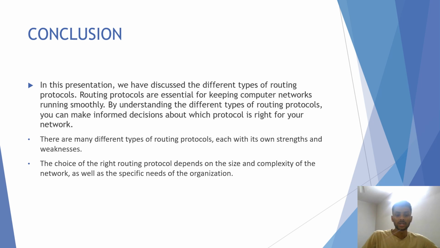The choice of the right routing protocol depends on the size and complexity of the network as well as the specific needs of the organization. There is no single protocol that can be used by each and every organization, and by choosing well we are able to reduce traffic flow and increase the efficiency of the network. Thank you so much.